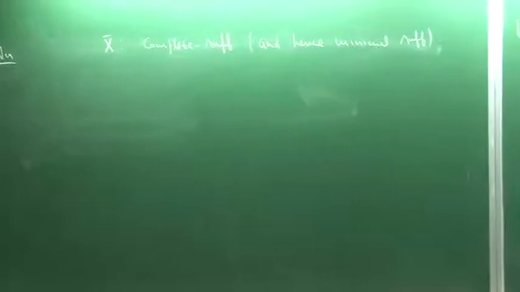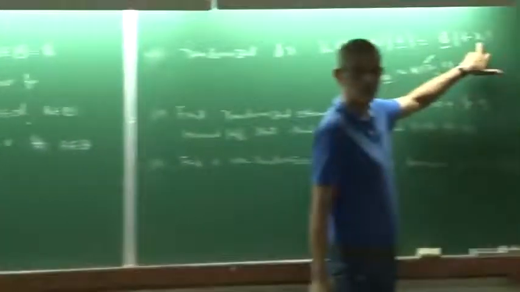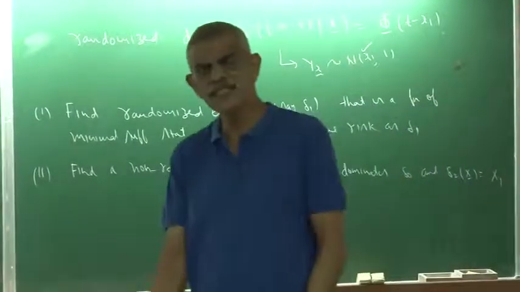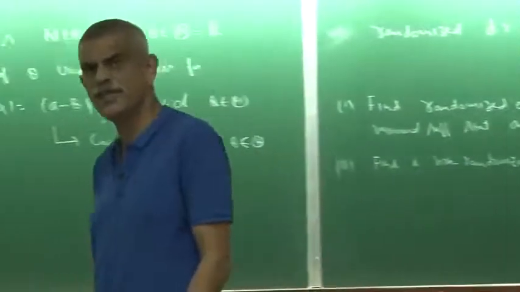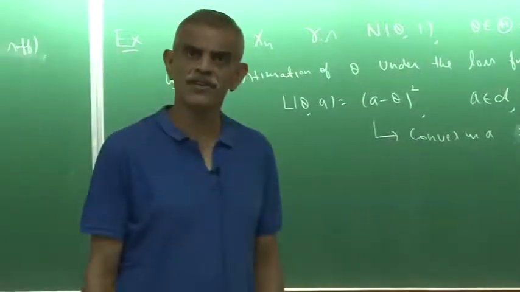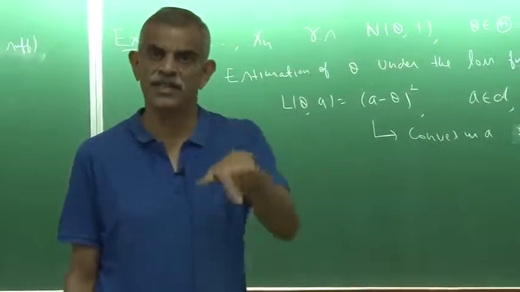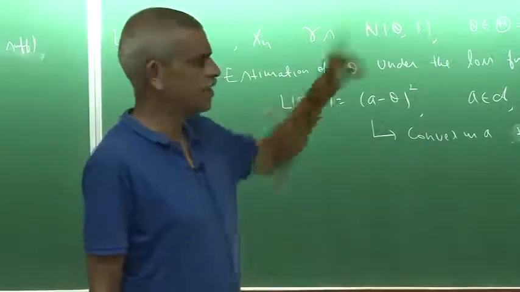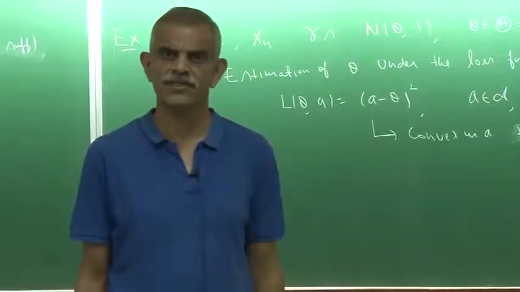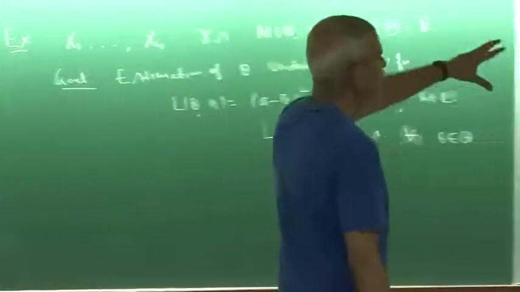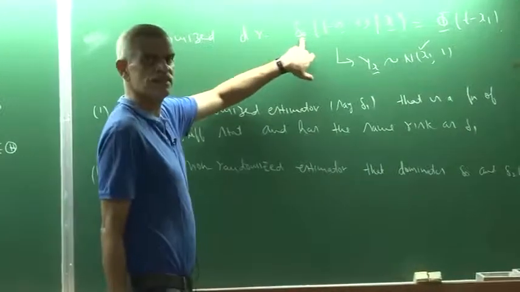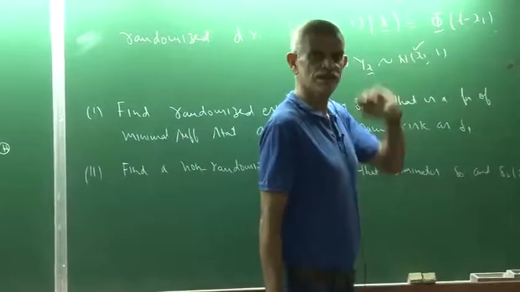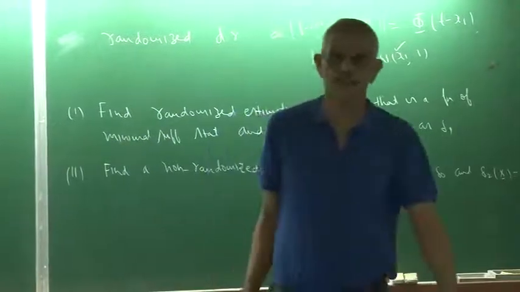Now this randomized decision rule only takes the first observation into consideration. We have done a result that if you are given any decision rule, whether randomized or non-randomized, which is not based on a minimal sufficient statistic, you can find one which is based on a minimal sufficient statistic and has the same risk as the one which is given to you. So that means I can find a decision rule which is based on x bar and has the same risk as delta naught.